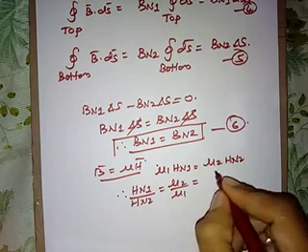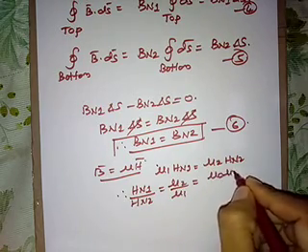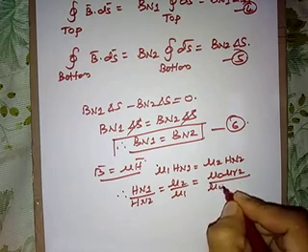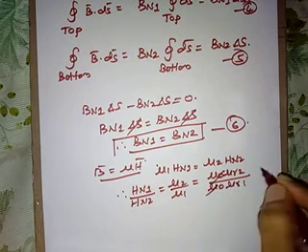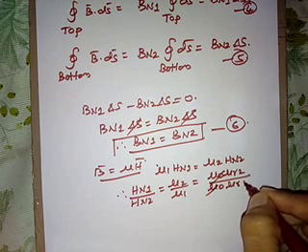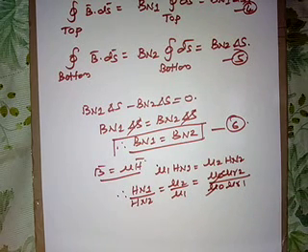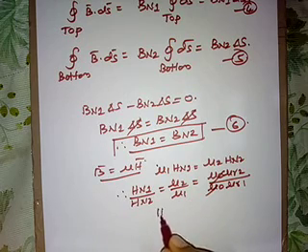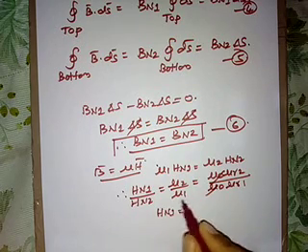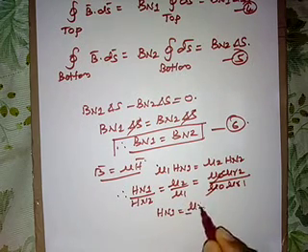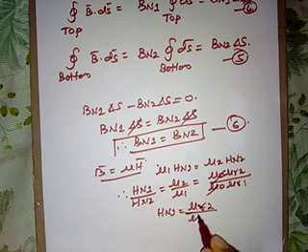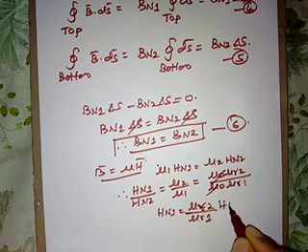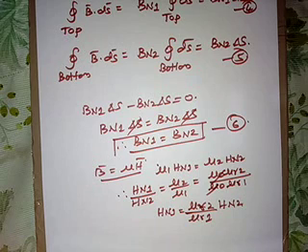Mu2 is mu naught mu r2 and mu1 is mu naught mu r1, so mu naught cancels, and it is simply mu r2 by mu r1. So Hn1 is mu r2 by mu r1 into Hn2.